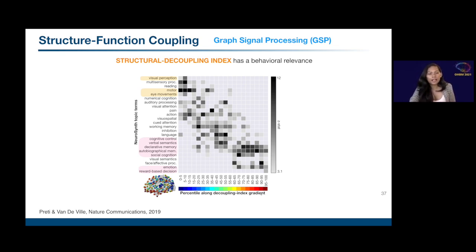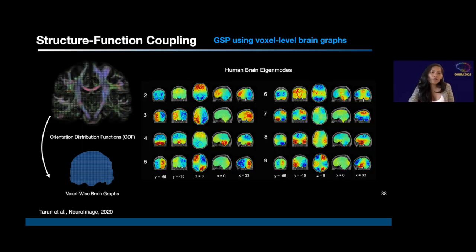And having been able to extend analysis from region-wise to voxel level, we also tried to introduce a new avenue for graph signal processing by doing it not only at the region level, but also at the voxel-wise level.